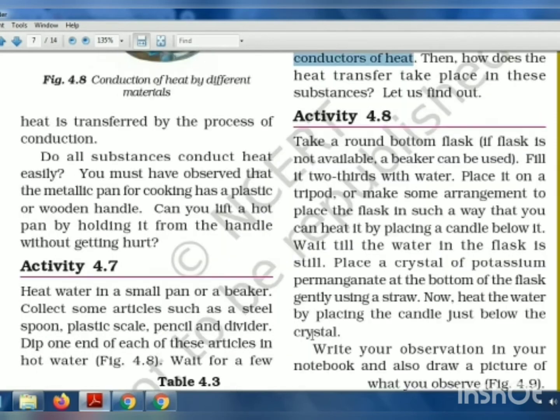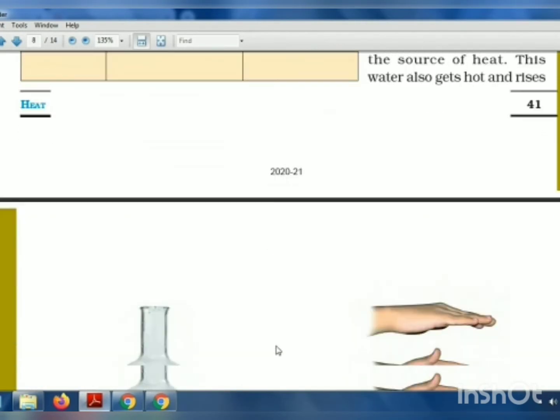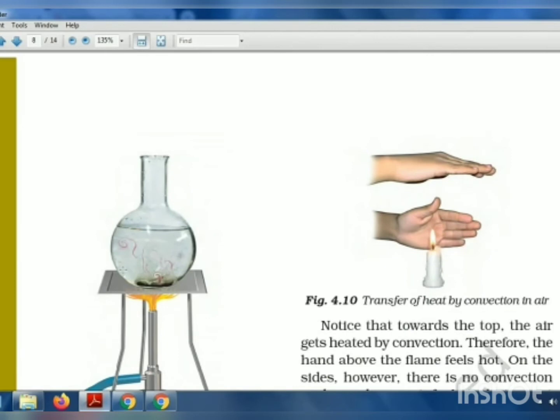For that, one experiment is given. What you have to do is take a round bottom flask. I'll show you the figure so that it will be easy for you to understand. You take a flask, put some water in it, put it on a stand and heat it from below.